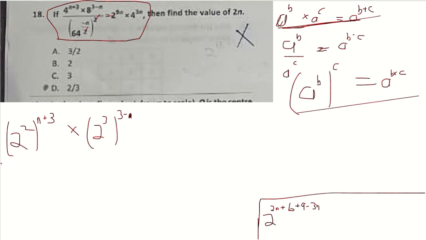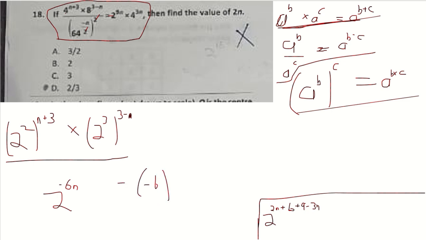And 64 is equal to 2 power 6. And so 6 into minus n is negative 6n. So 2 power minus 6n. And because it is divided by the same base, using the second identity, this will come in the subtraction. And when a negative number is subtracted, the minus signs cancel and we get a plus.